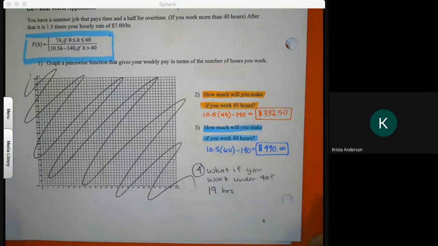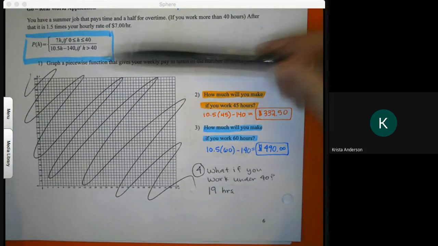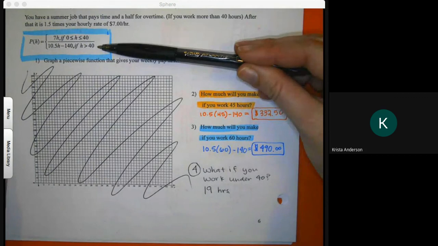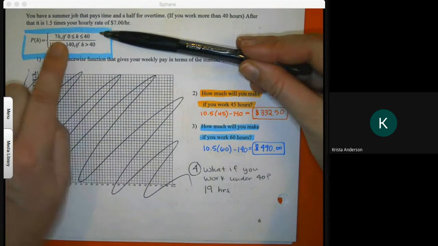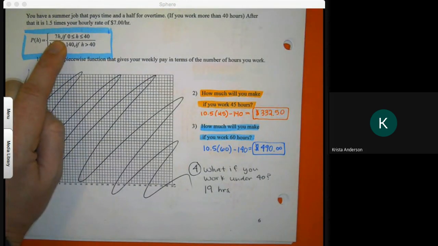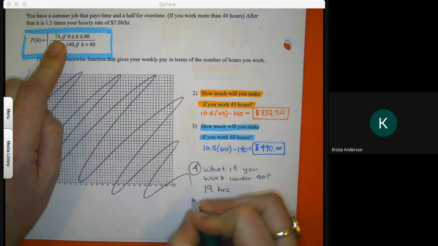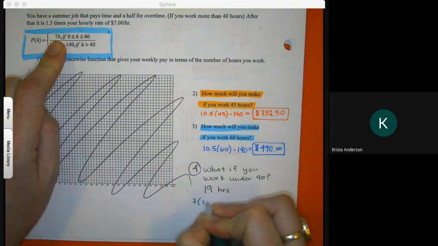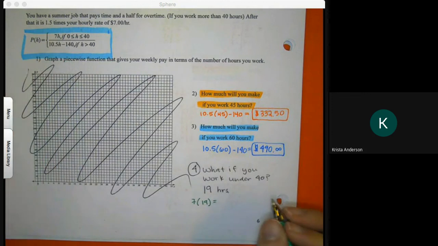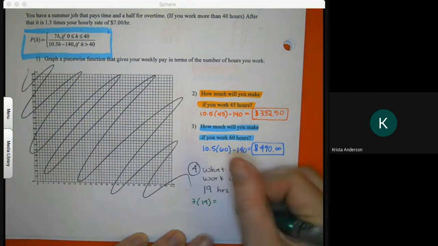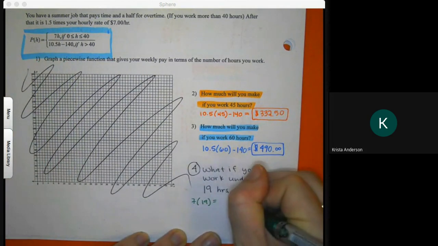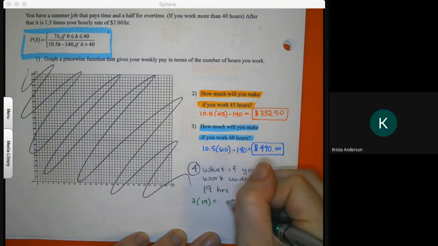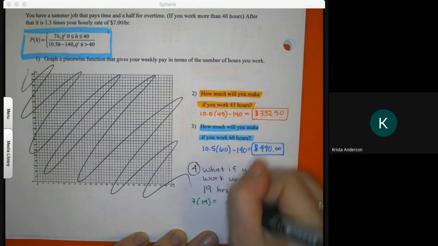If it's 19 hours, then I would no longer plug it into the overtime. I would then substitute it into the top function, which means I would do 7, plug in my 19 hours. Then I would get 7 times 9 is 63. 7 plus 6 is 13.